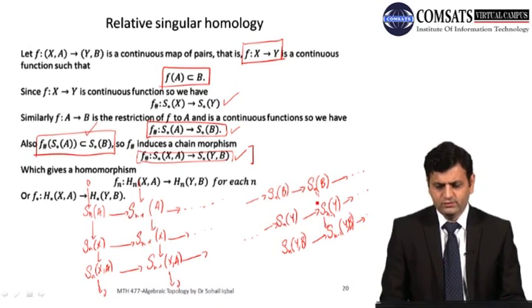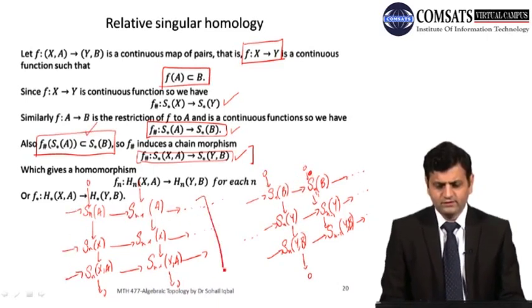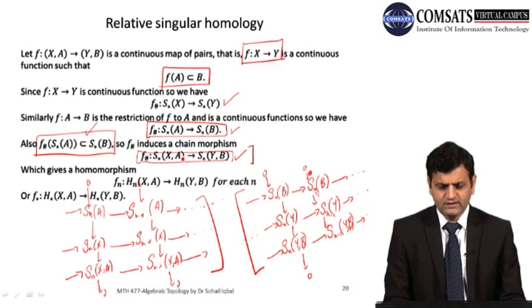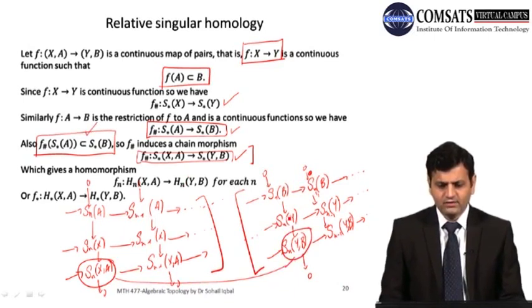So we have these two short exact sequences of chain complexes, and this result says that when you have this S_n XA, there is an induced map from this to S_n YB. Why is this the case? Because we have a map from this chain complex to this chain complex as well.